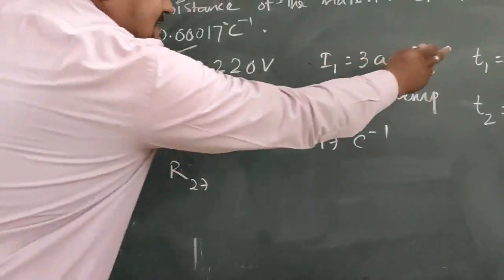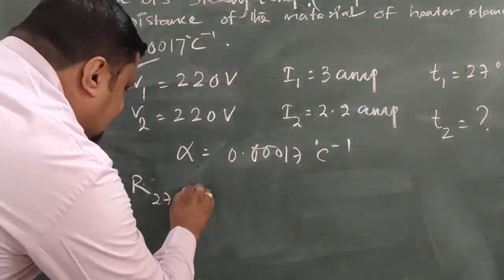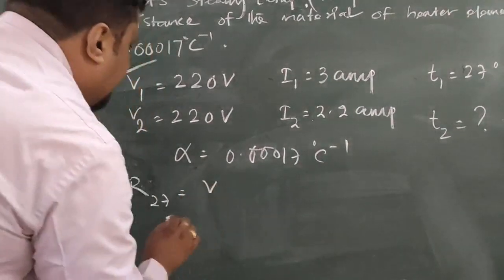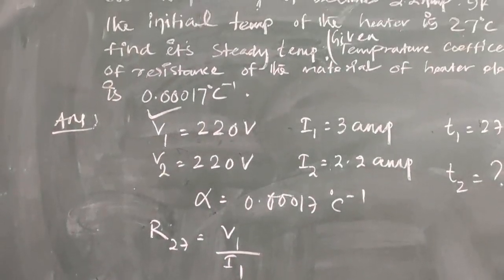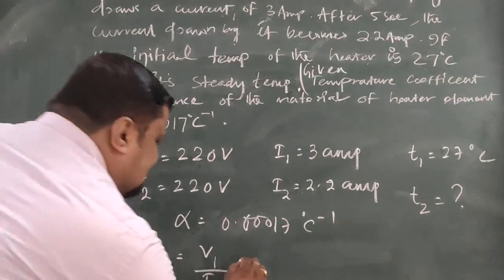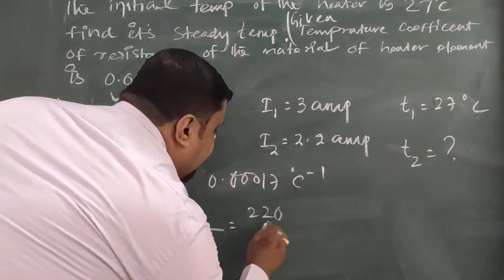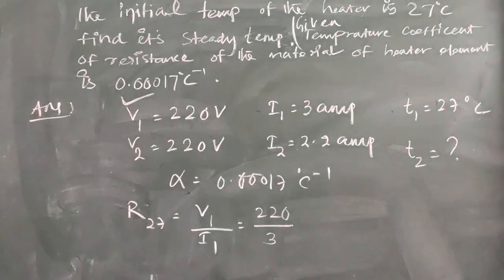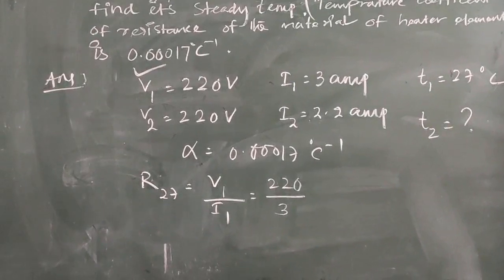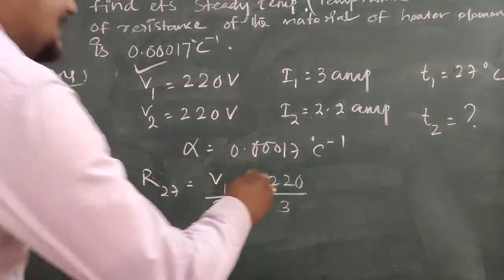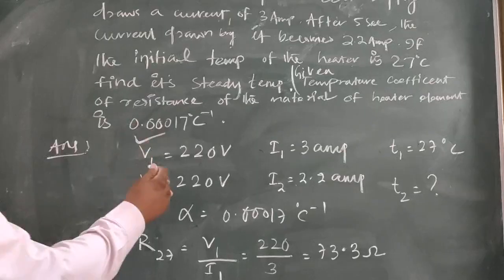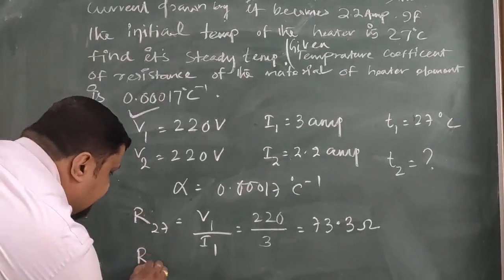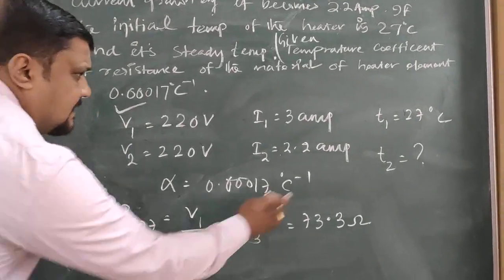So R27, the resistance at 27 degrees centigrade, is equal to V1 by I1, which is 220 divided by 3 ampere. So 220 by 3 will be 73.3 ohm. But we will also find the resistance at T2.